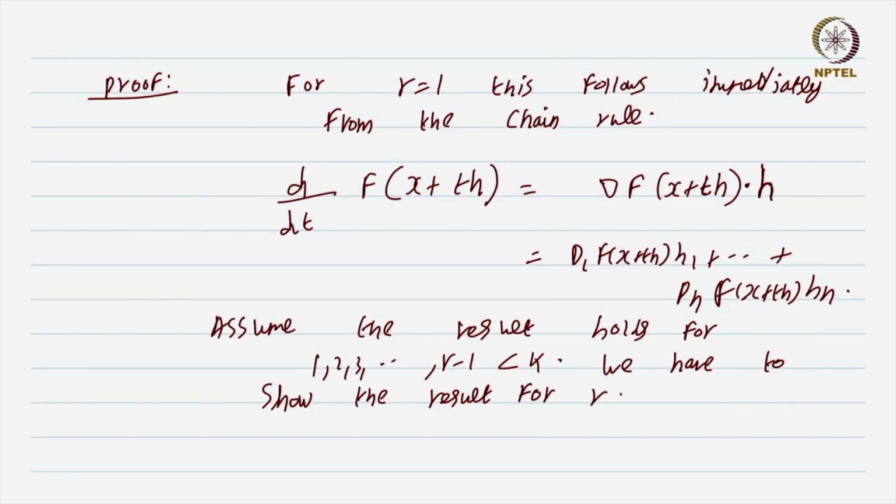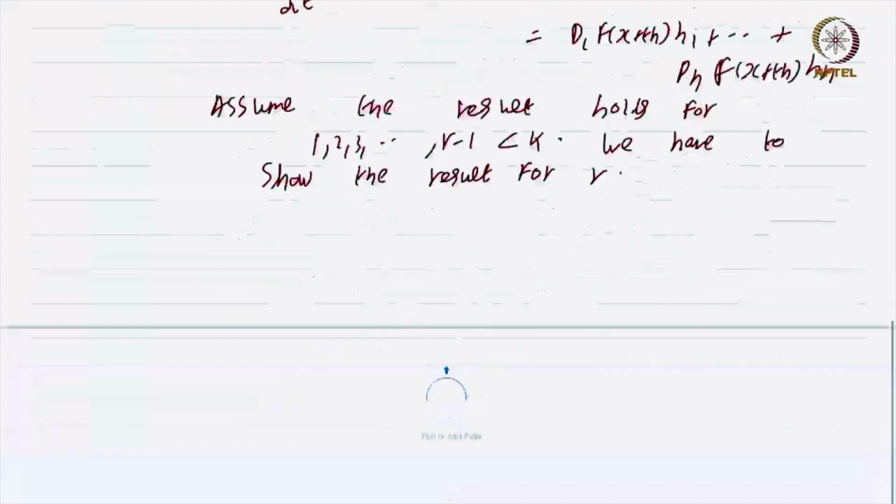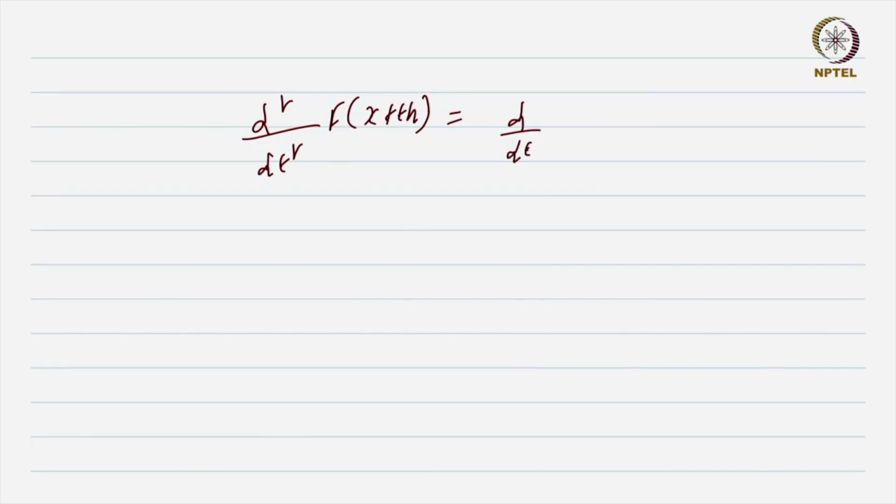Fine. So that means we have to compute d^r/dt^r of f(x + th), which we know is nothing but d/dt of d^(r-1)/dt^(r-1) f(x + th). God, I hate this notation for higher derivatives.